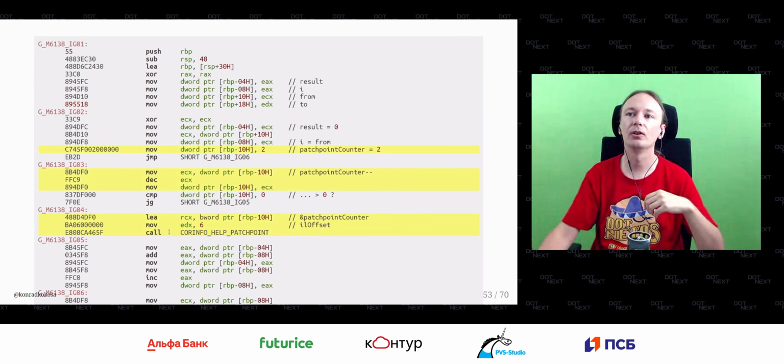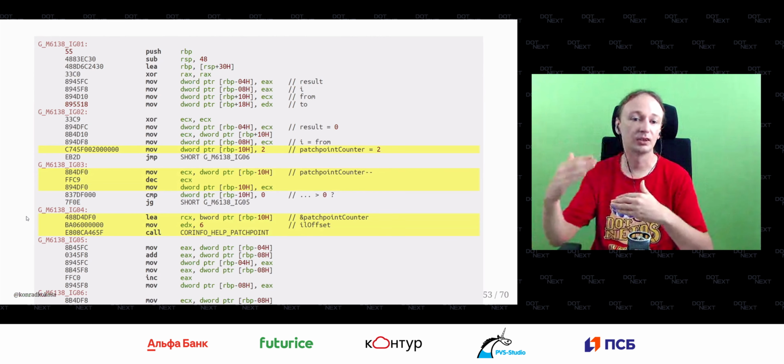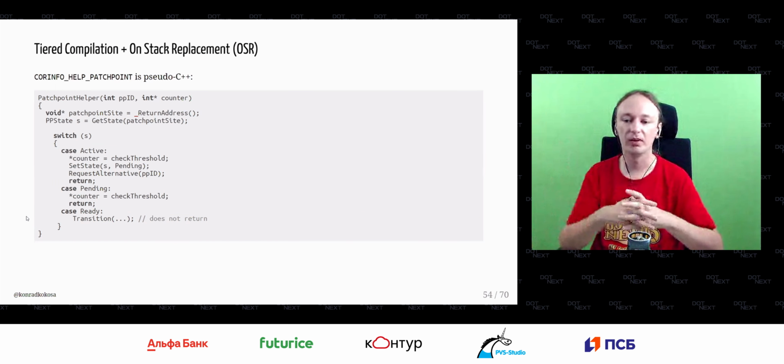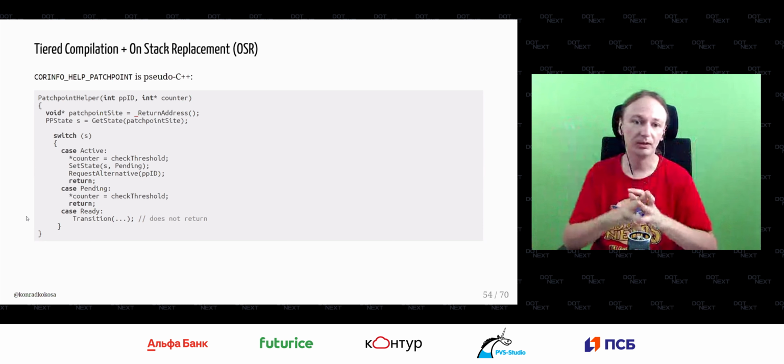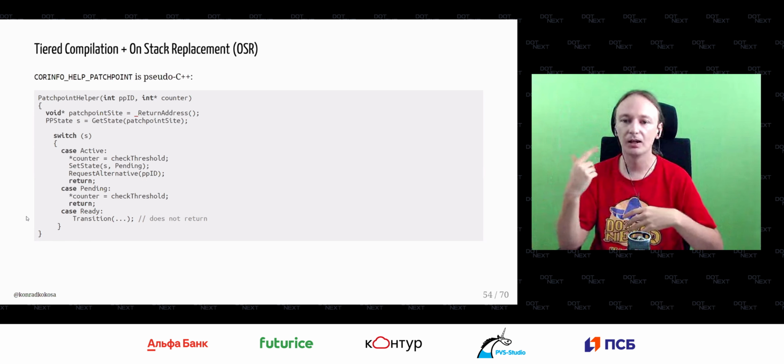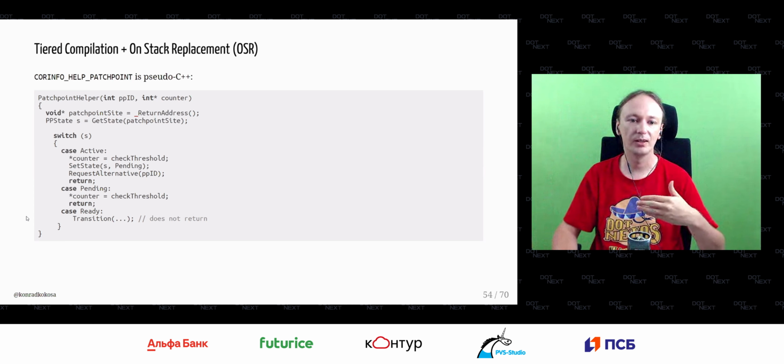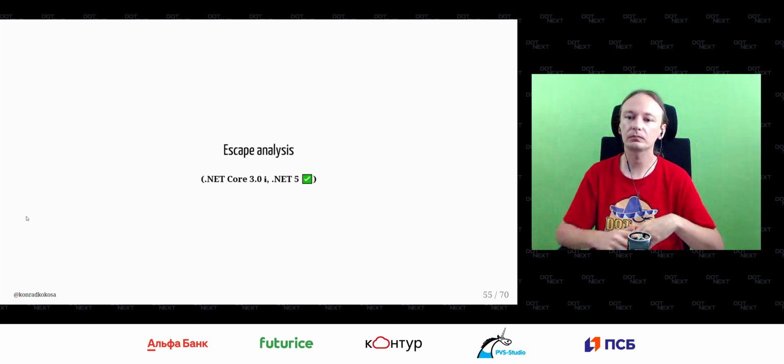So when it is 0, we will call a patch point method which will start triggering a transition to an optimized version. So it is kind of mind-blowing technology that will be added to .NET 5 or maybe some future versions that will allow such magic, replacing a method and optimizing it during execution.